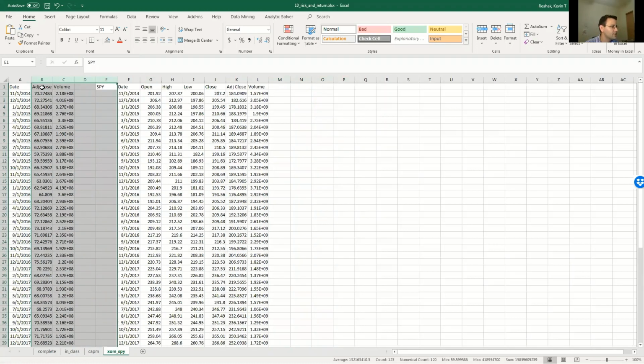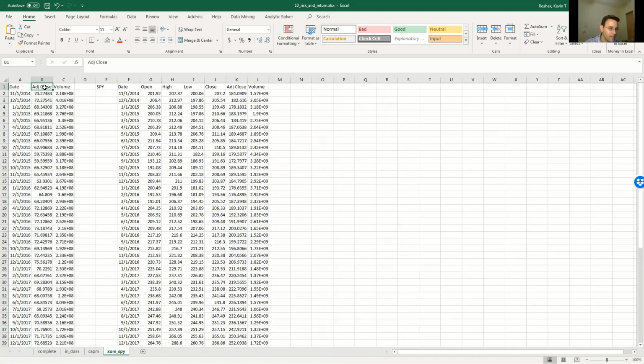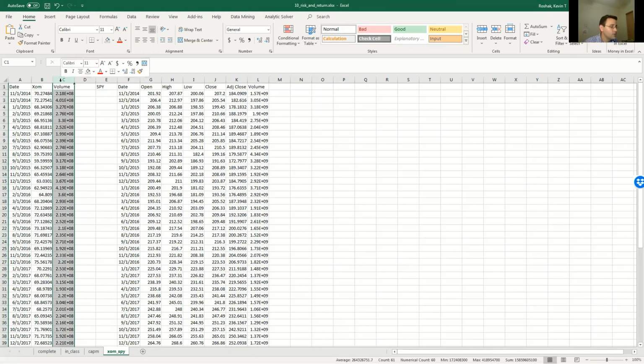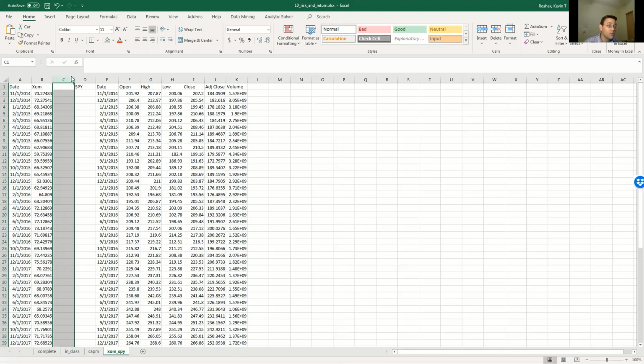Okay. So what is the adjusted close and why is that different? Well, the adjusted close is accounting for dividend payments. What you want is the buy and hold returns from buying Exxon or buying the stock market. If you ignore dividends, then you're going to be ignoring part of your returns. So if all you do is look at the closing prices, you're going to miss any dividends that get paid in between, right?